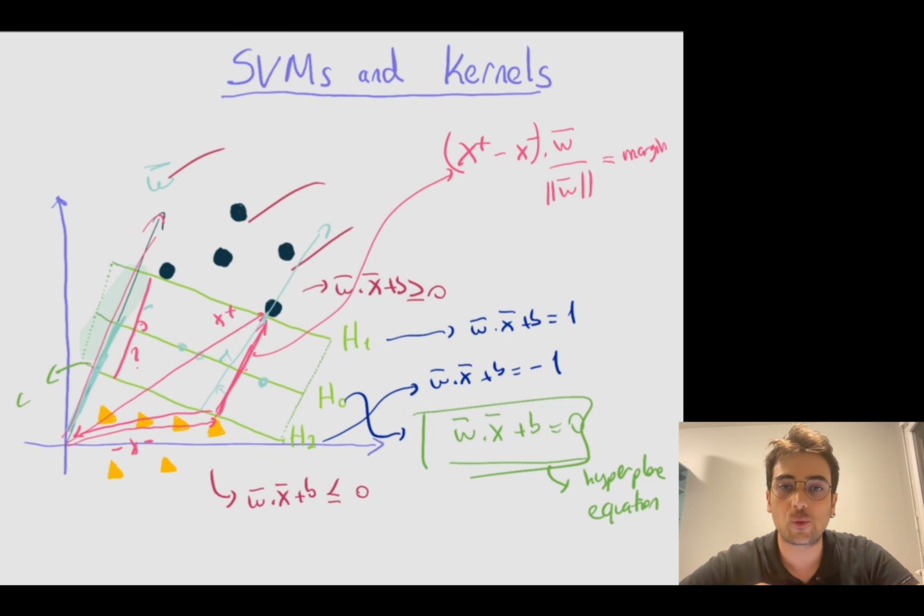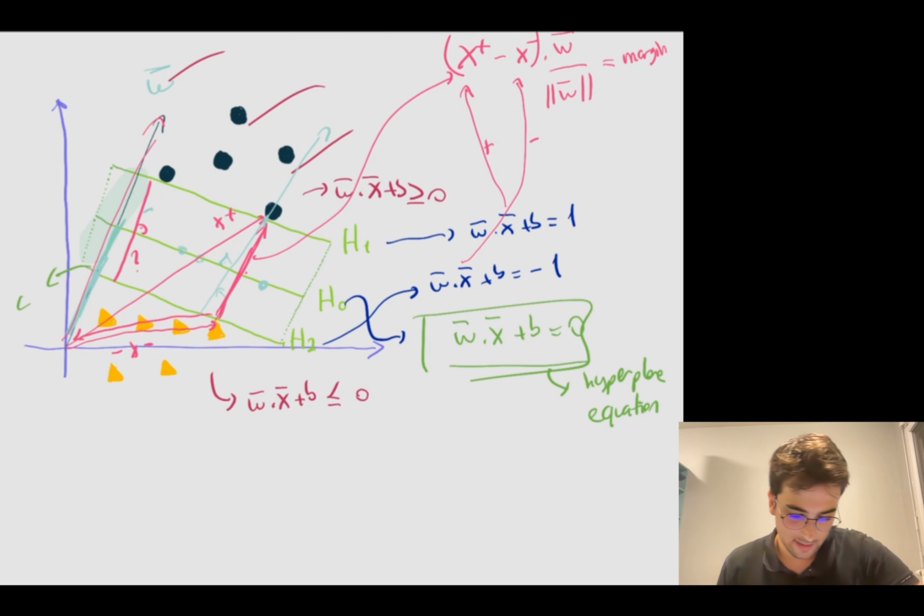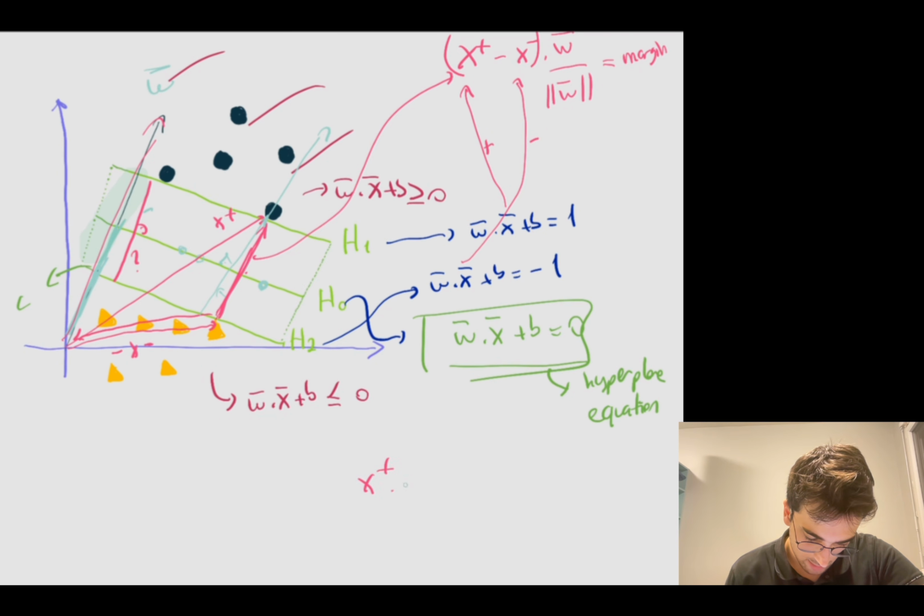We need to know what we need to maximize, right? So how do we find x plus and x minus? We already have them actually. x plus is coming from here, plus, and x minus is coming from here. If we put them in their place, what we would have is x plus times w minus x minus times w, right?